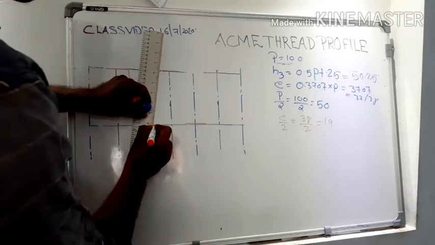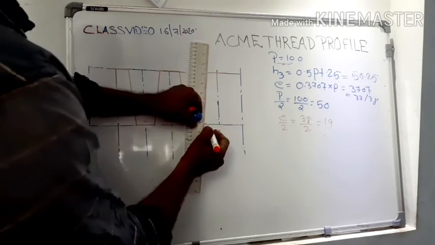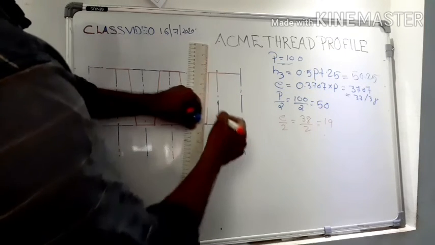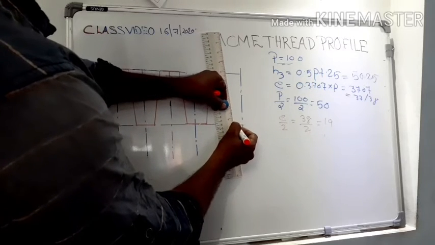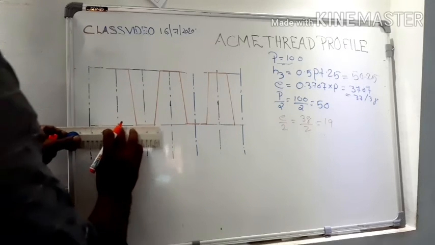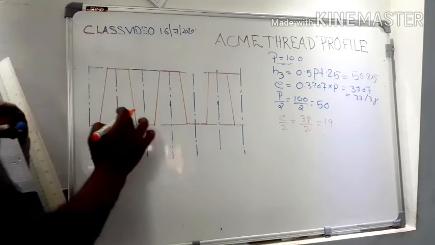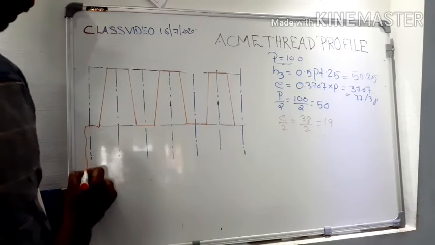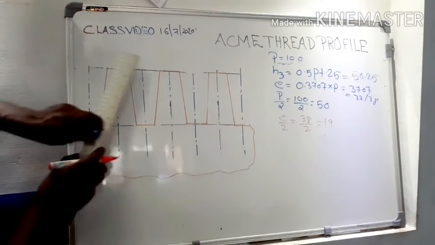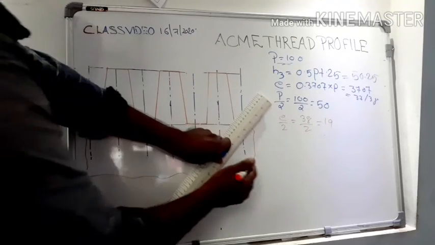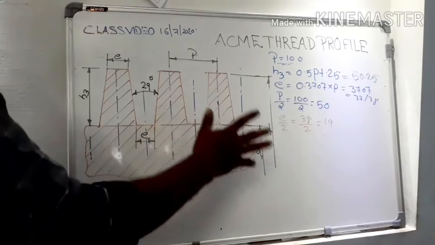Similarly, we can draw here. Now we have to complete our thread profile, drawing a freehand line here, using our required parameters.